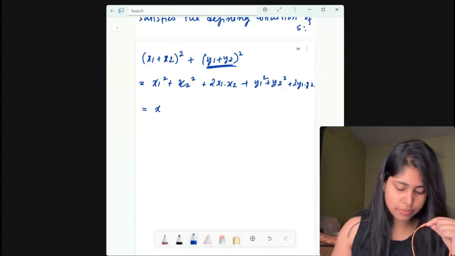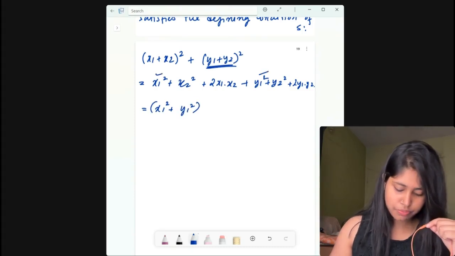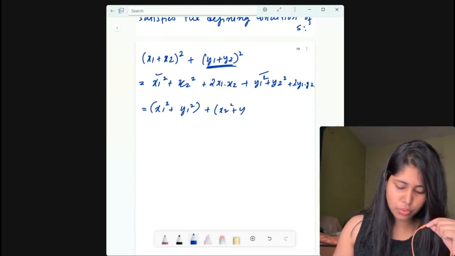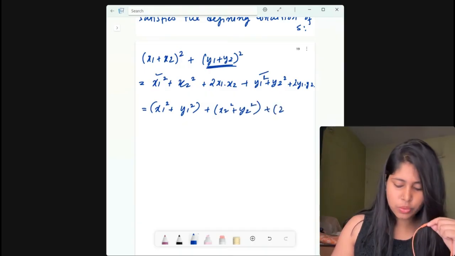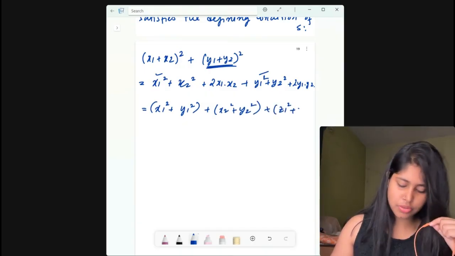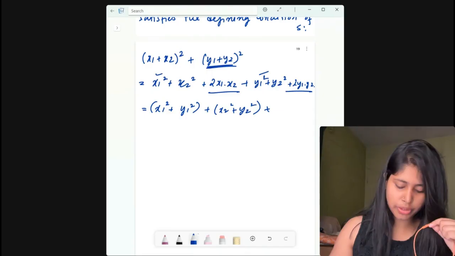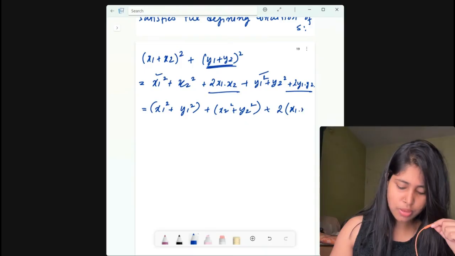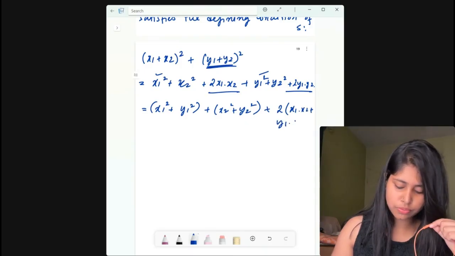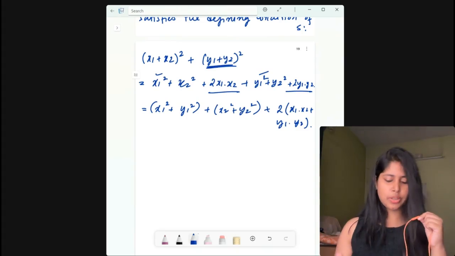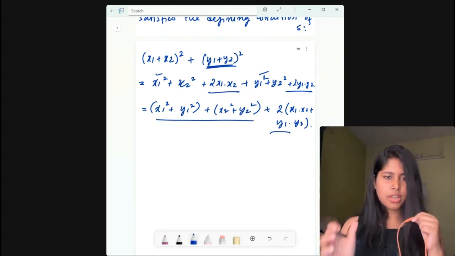Okay, so let us group this to be x1 square plus y1 square, this one and this one, plus x2 square plus y2 square, then z1 square plus 2 into x1 into x2 plus y1 into y2. So basically here we get this kind of a formula, right?